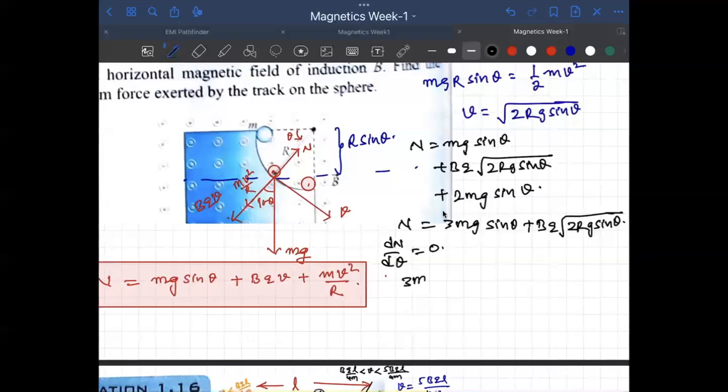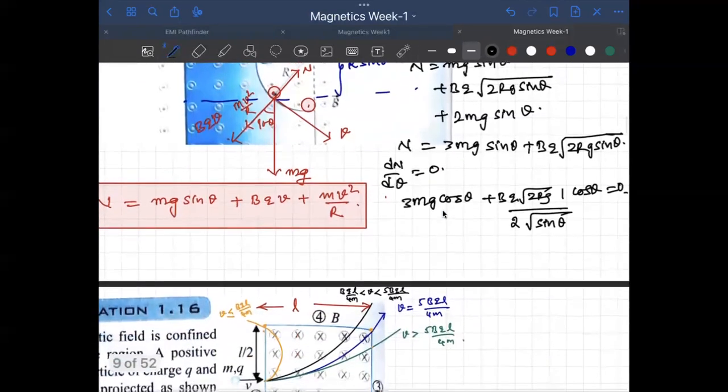You get 3mg cos theta plus BQ times root 2RG times 1 by 2 root sin theta into the differentiation of sin theta, is equal to 0.